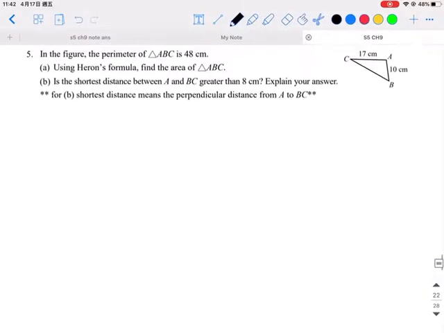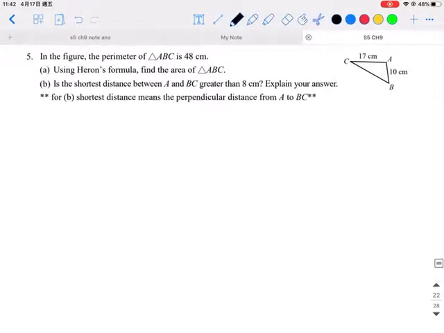And now for question number 5. So in the figure, the perimeter of ABC is 48. So for part A, Heron's formula. As we know, S is equal to the perimeter over 2, right? So which should be equal to 48 over 2, which is equal to 24.